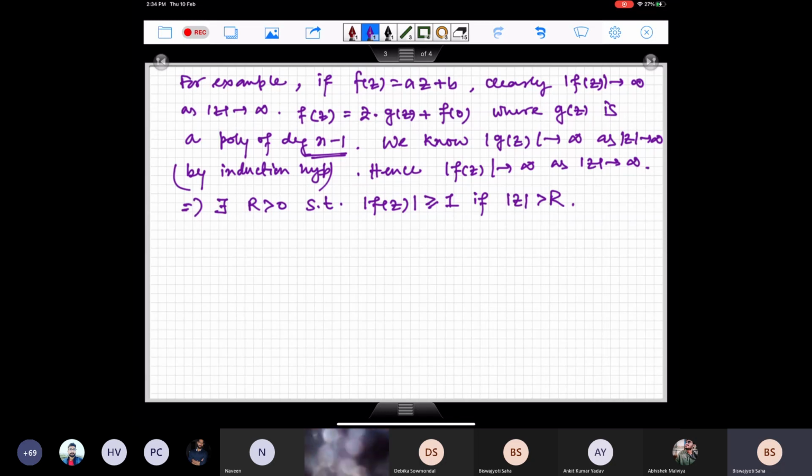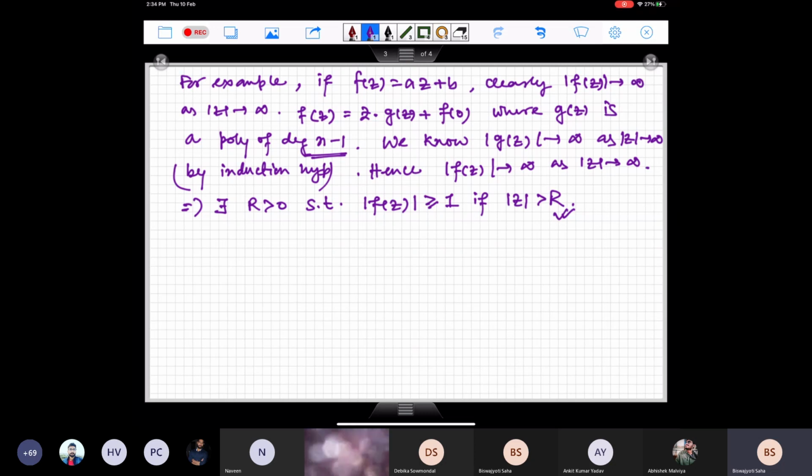This is just the property that mod of f of z tends to infinity as mod z tends to infinity. It means that there will be a threshold after which mod of f of z has to be bigger than or equal to 1.